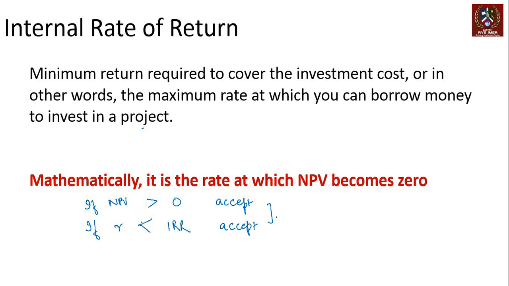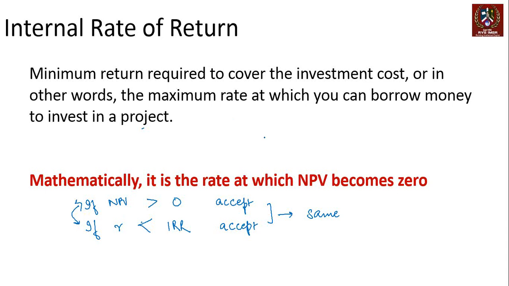You will note that both of these would correspond to the same result in the simplistic format, right? If your cost of discounting or cost of getting the money is less than the IRR of the project, you will have a positive NPV. So both of these would correspond to each other in the context of simplistic projects that we have seen so far, right?